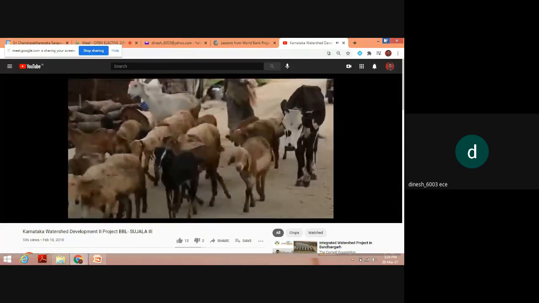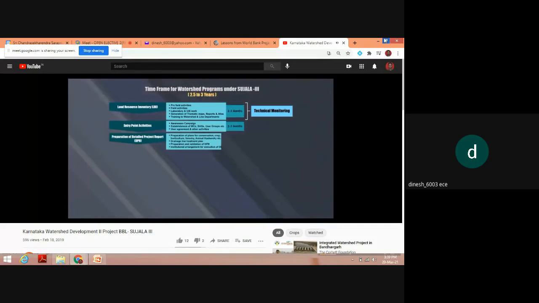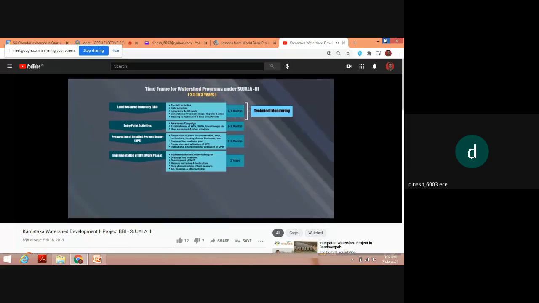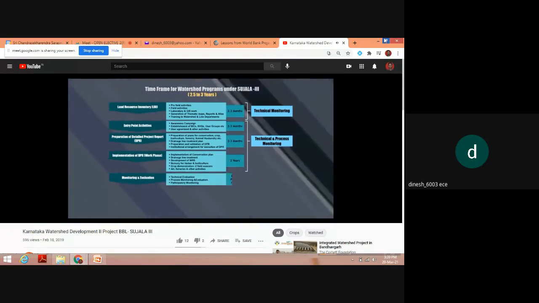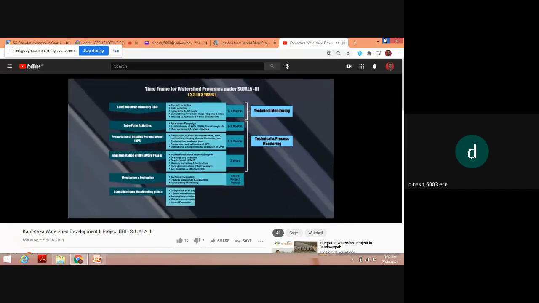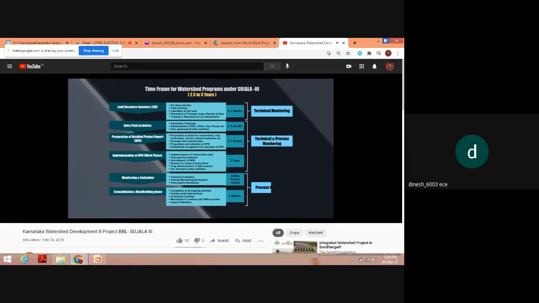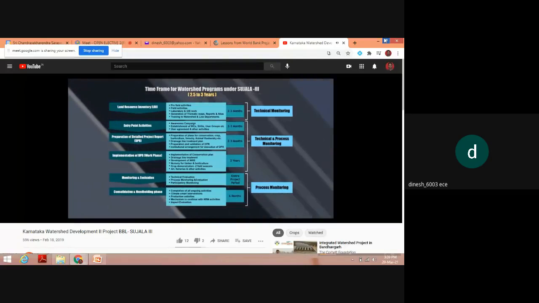The use of LRI outputs in watershed development has significantly reduced the time frame required for planning and implementation of watershed activities from 6 to 7 years earlier to about 3 years now under Sujana project. Apart from this, the design of structures as per the requirement of the area has greatly reduced the overall cost of the interventions in the watershed area.